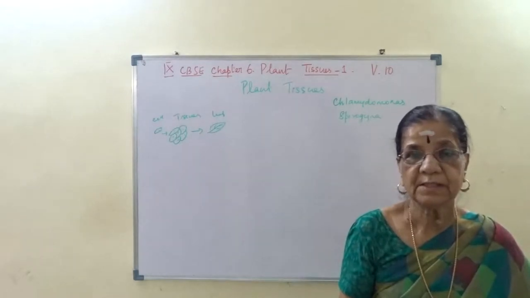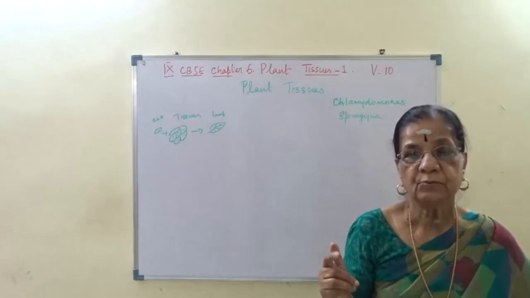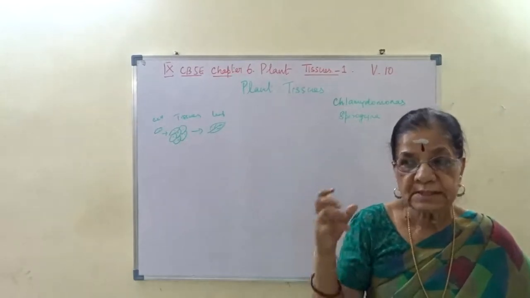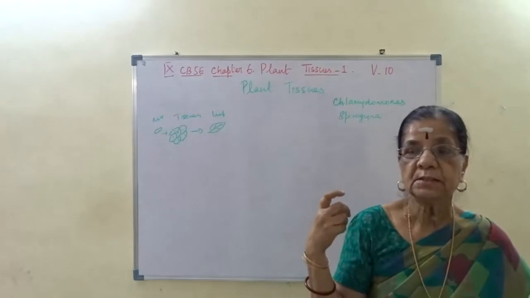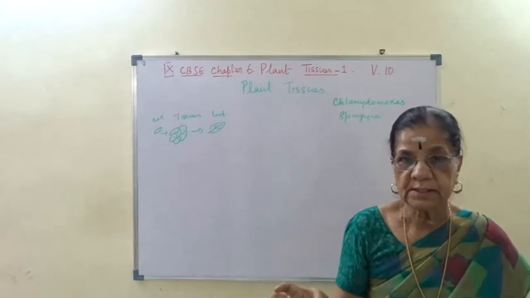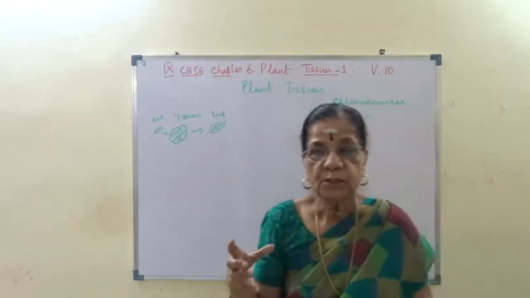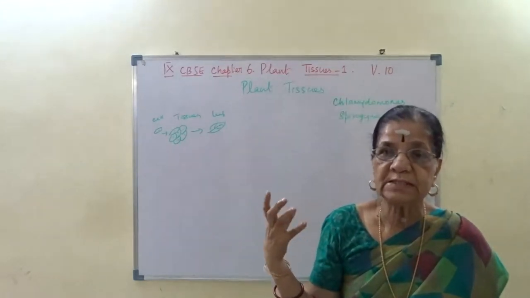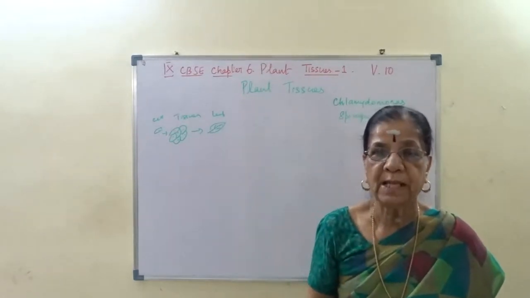In that, the root system has roots, and the shoot system has stem and leaf; they all form organs. And these organs all together, root, stem, leaf, flower, fruits and seeds, form a whole plant.